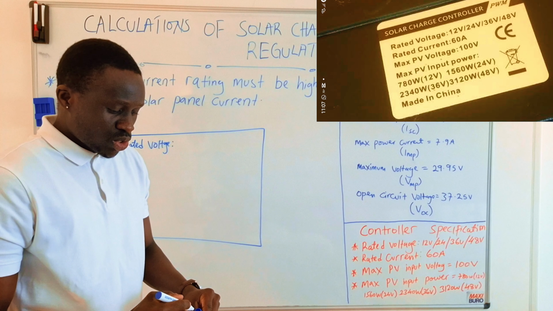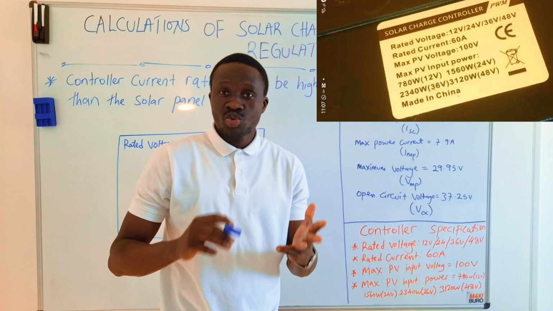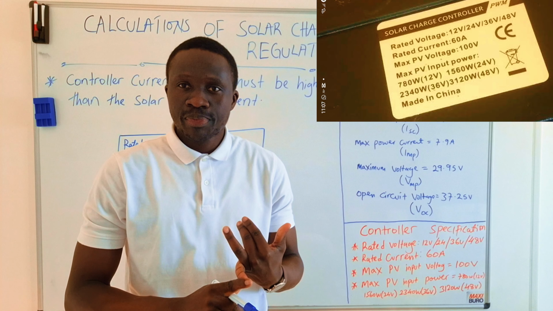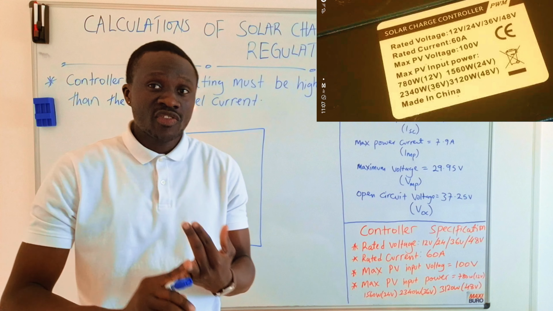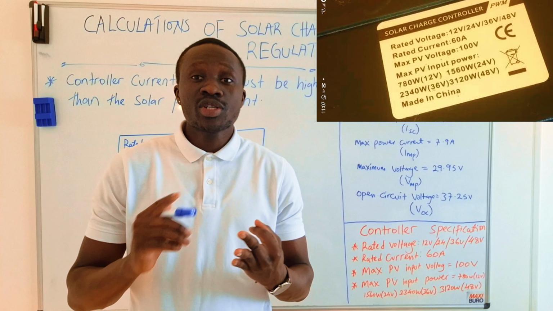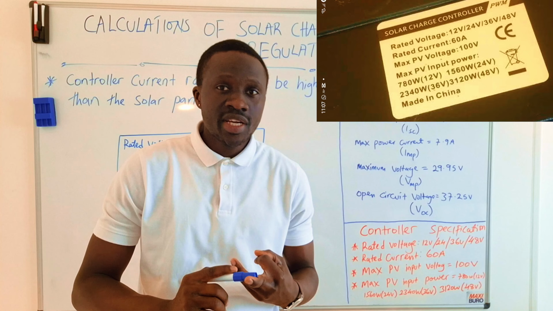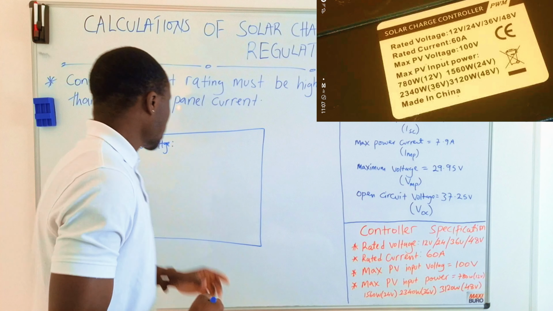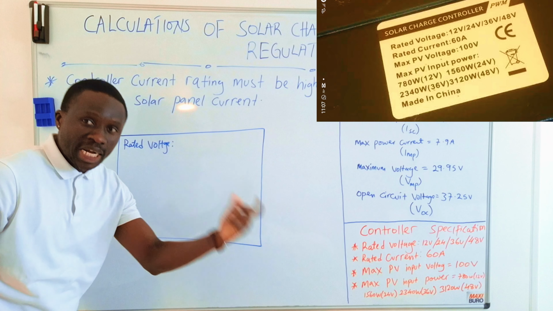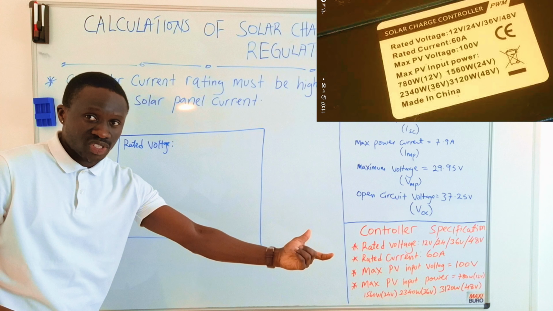The battery you're going to use, if you're going to use a 12 volts battery, or if you're going to use a 24 volt battery, or a 36 volt battery, or a 48 volt battery, this regulator must match with the voltages you're going to use in the battery.